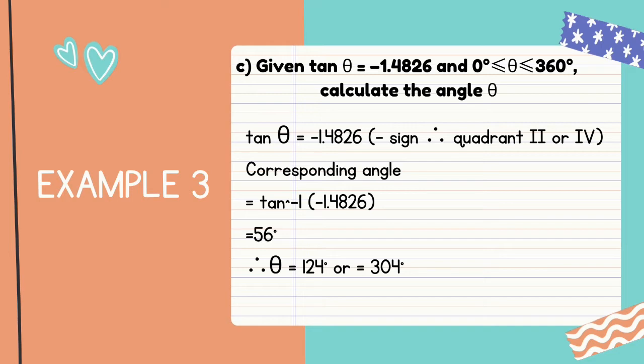Same as the previous example, we inverse the tangent function to find the corresponding angle. Then we will get inverse tangent minus 1.4826 is equal to 56 degrees, by using the scientific calculator. The final answer for theta is either 124 degrees or 304 degrees.